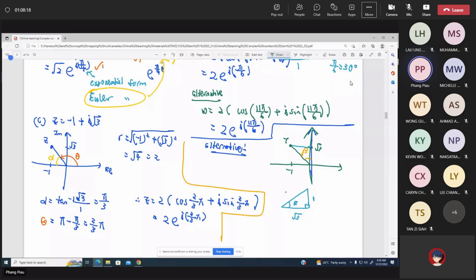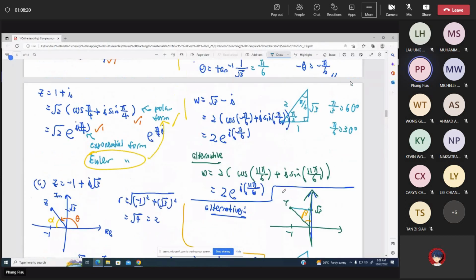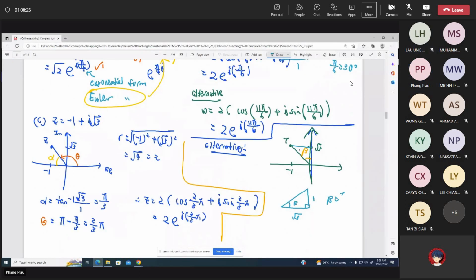Then you can find your beta value by using this as well, where you have this over this, so your beta value is pi over 6. Then once you have that beta value, you know that this is pi over 2. Then your theta will become pi over 6 plus pi over 2.